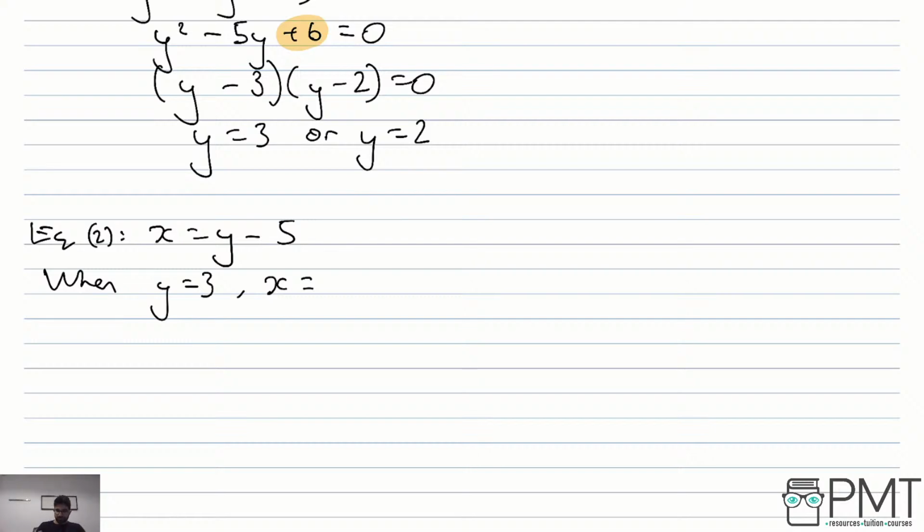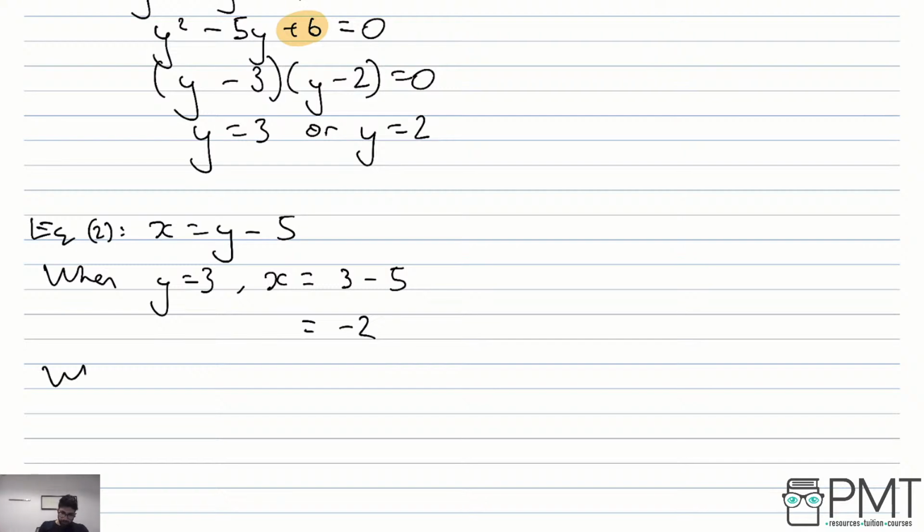So when y is 3, x equals 3 minus 5, which is equal to minus 2. And when y is 2, x is 2 minus 5, which is minus 3. Well done.